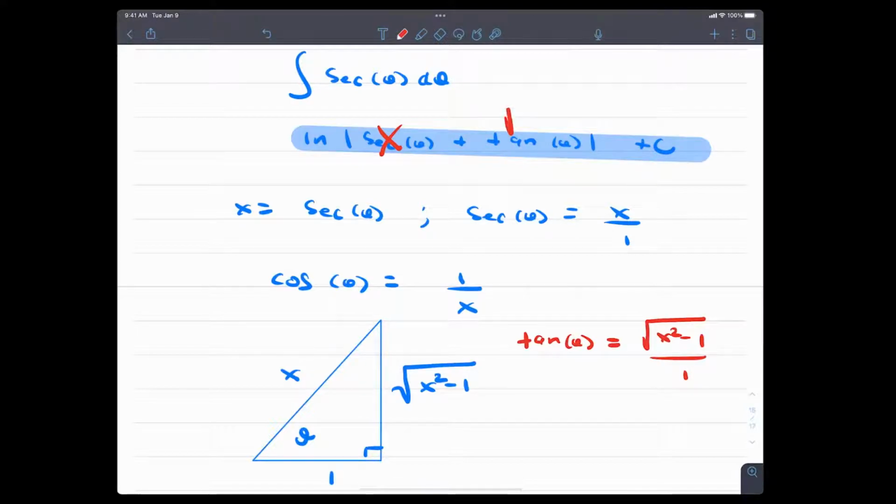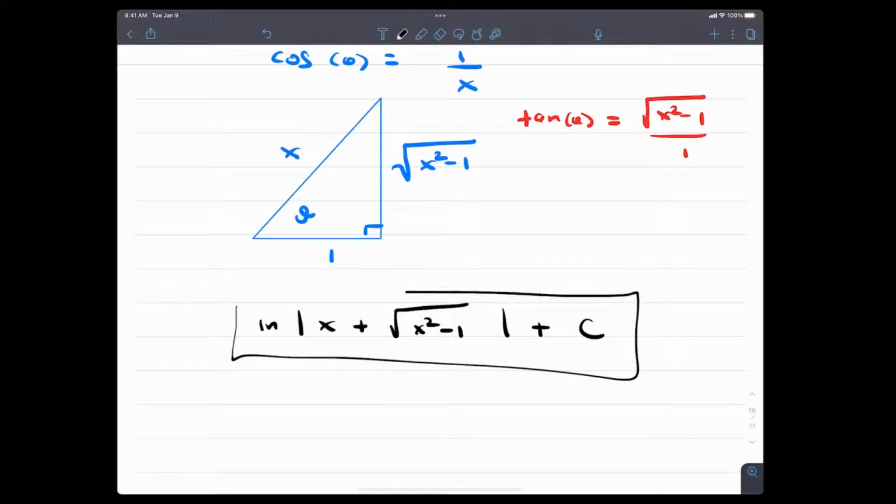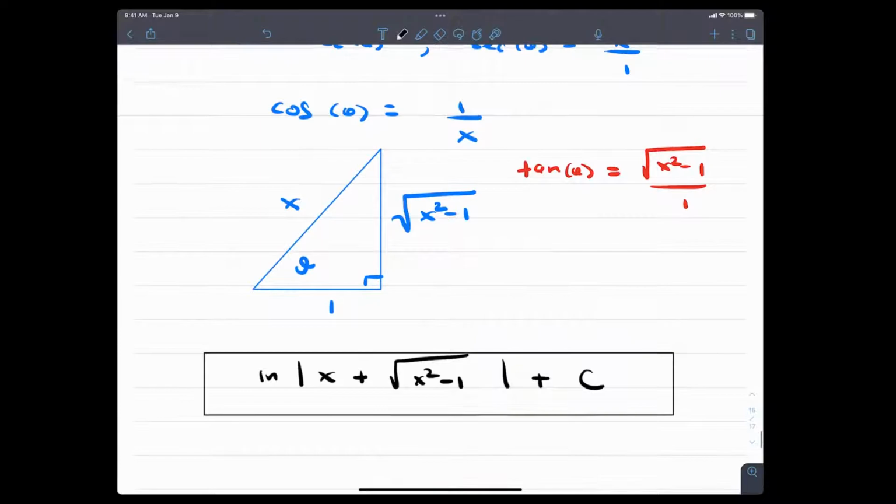So in other words, this is the square root of x squared minus 1. Okay, so final answer: natural log absolute value of x plus the square root of x squared minus 1, plus that c. Pretty straightforward for that one.